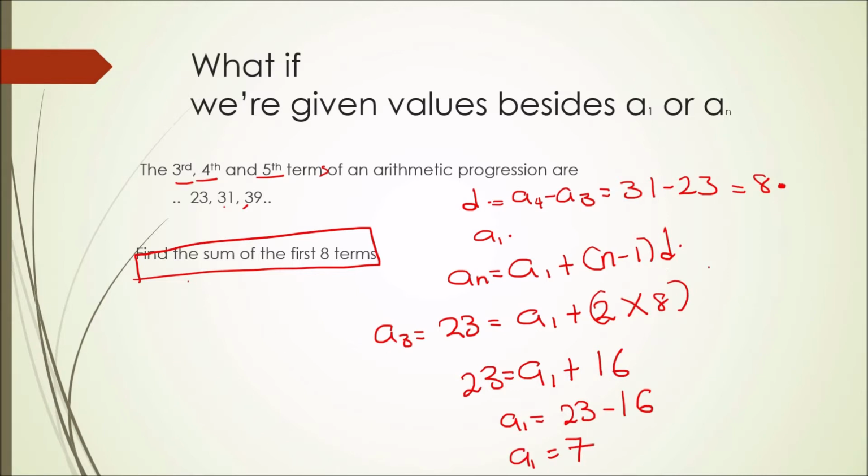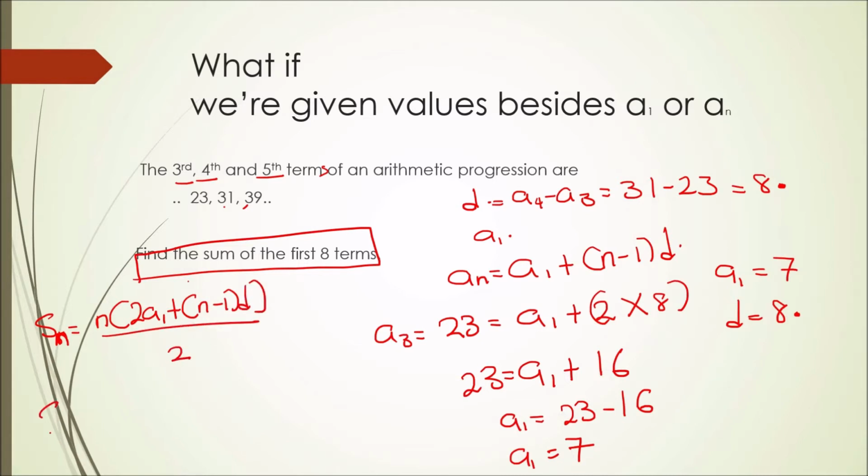We have our A1, 7, our D, 8. So we can easily find the sum of the first 8 terms. So S8 will be, let me just put the formula first so that we get used to it. n times 2A1 plus n minus 1 D over 2. So sum of the first 8 terms will be 8.